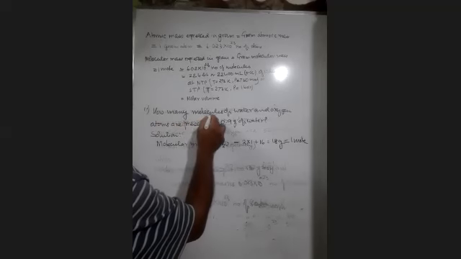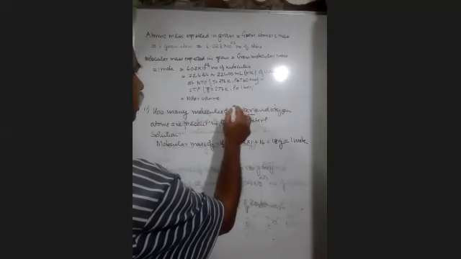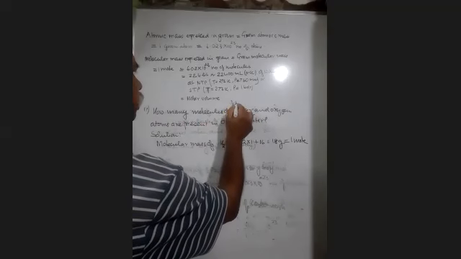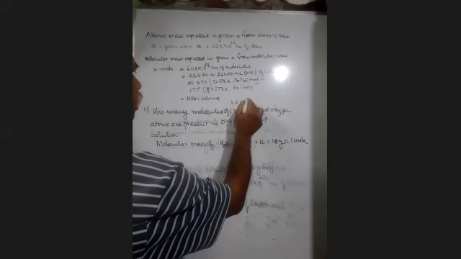How much does it come? 0.01 into 10 to the what? 22. Correct. So this is the number of water molecules. How many molecules of water? So it comes to 3.01 into 10 to the power 22.